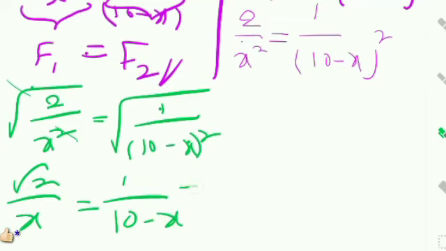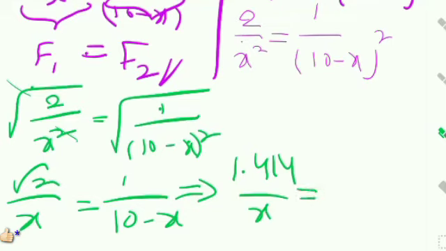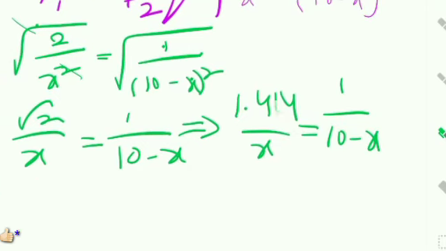Root 2 value is 1.414, so 1.414 by x is equal to 1 by 10 minus x.